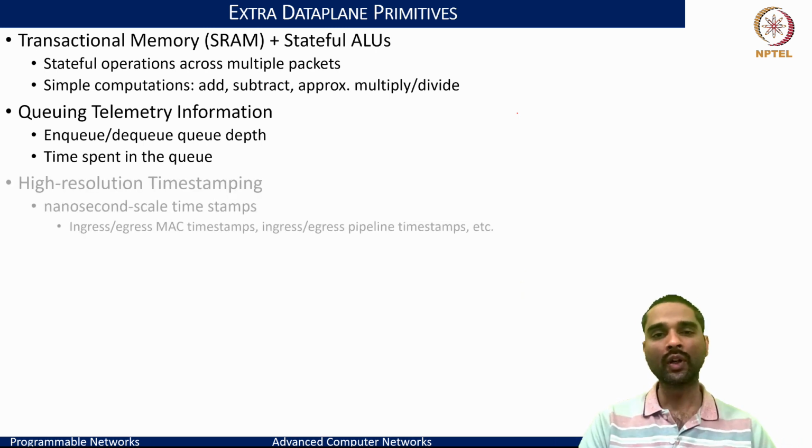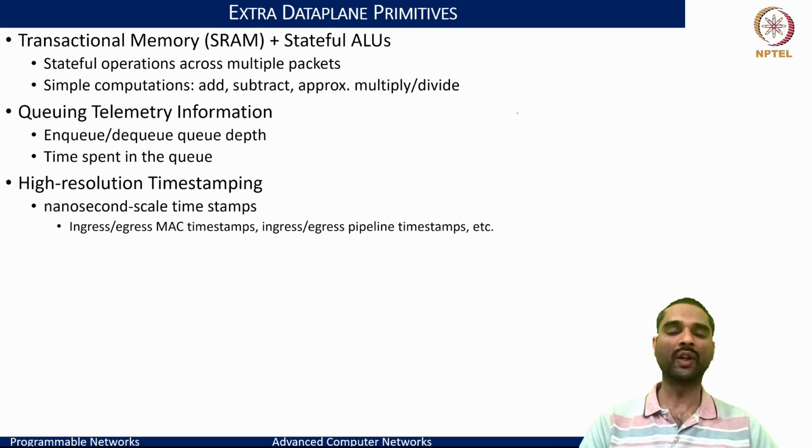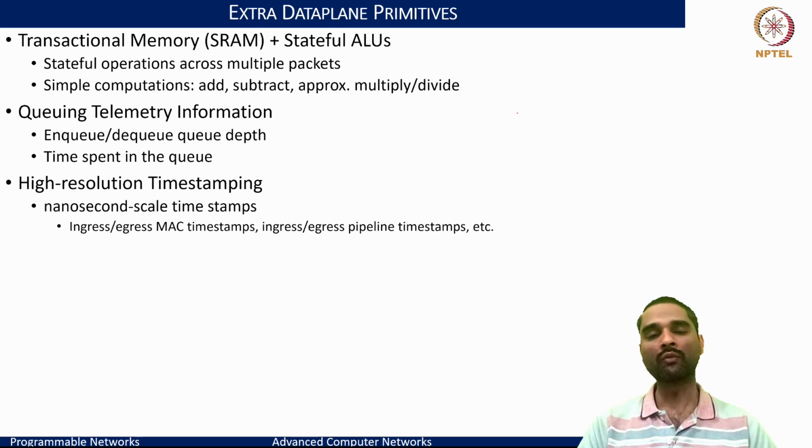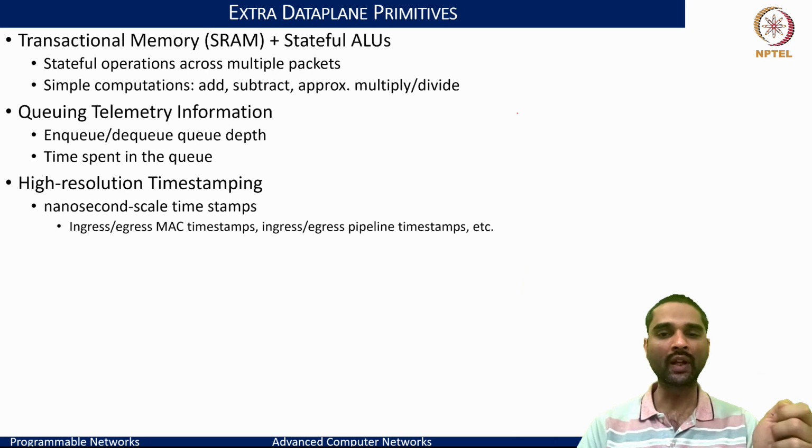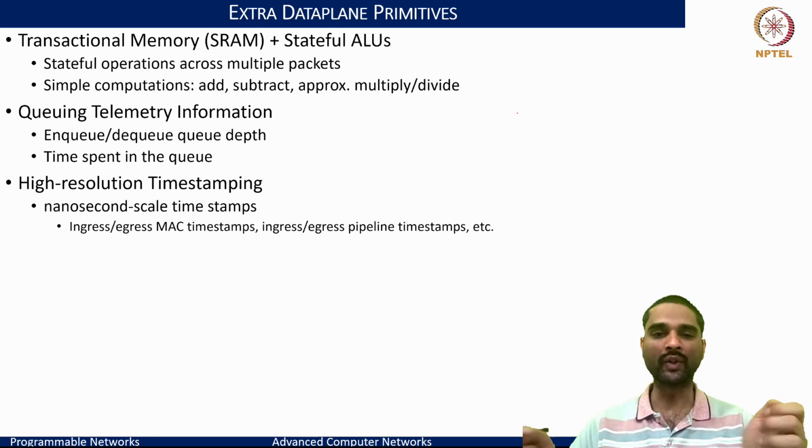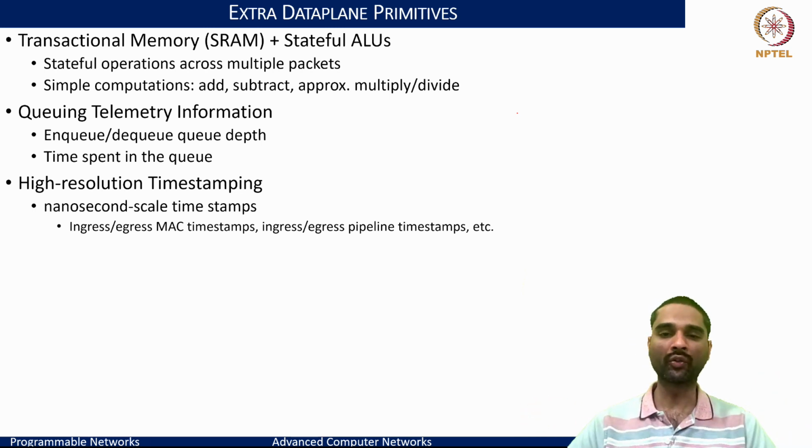All of this information could be extracted, and we could even present very high resolution timestamping within the devices to say exactly when the packets arrived and at what time they left, at nanosecond precision.